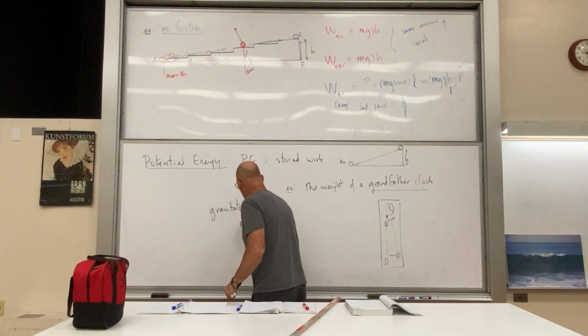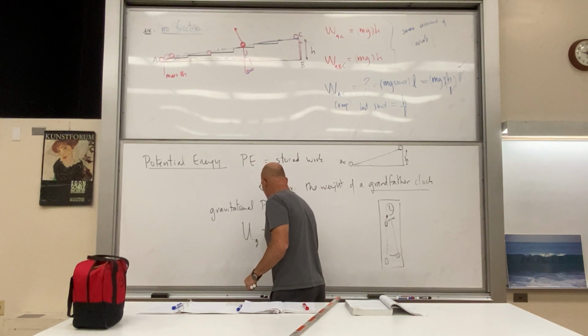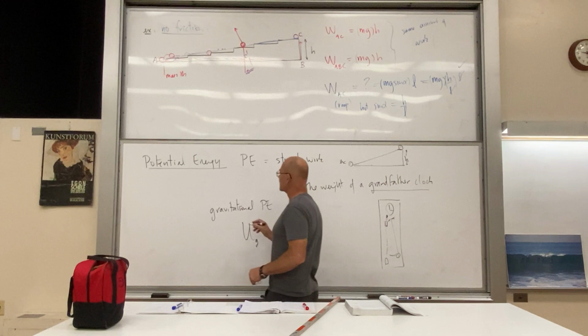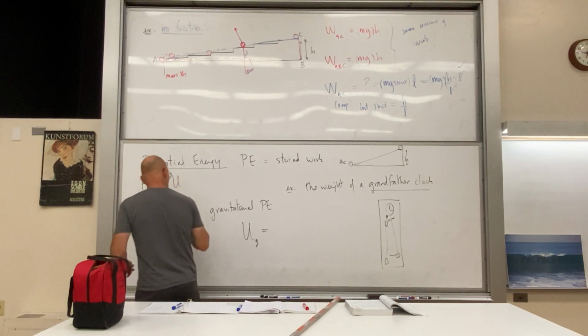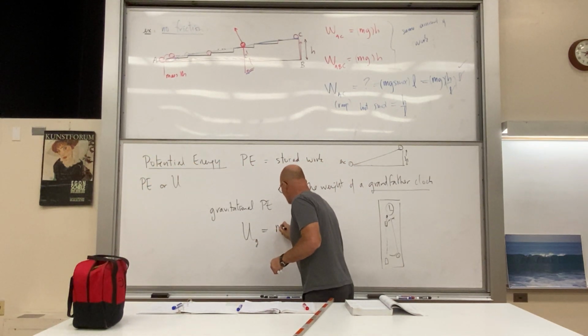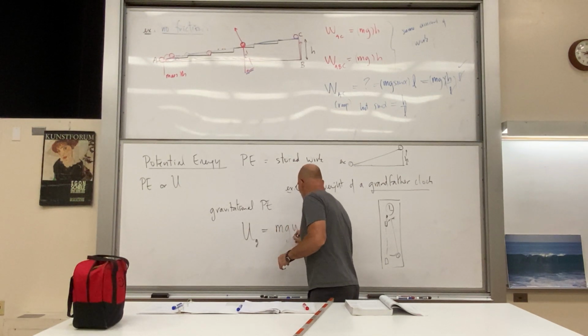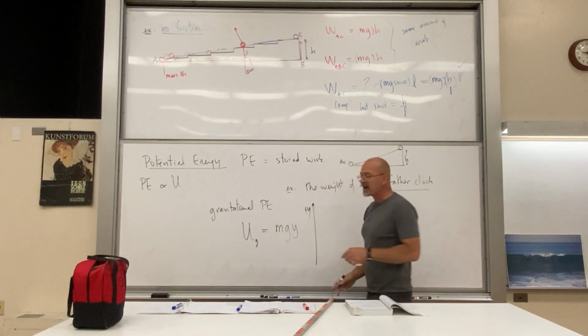We're going to use the capital letter U, subscript G, for gravitational potential energy. So let's make sure we have this in our notes. Potential energy, or capital U. U sub G is just equal to m times g times y, where the positive y-axis points up.